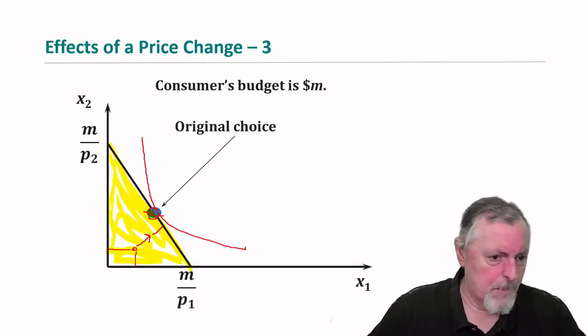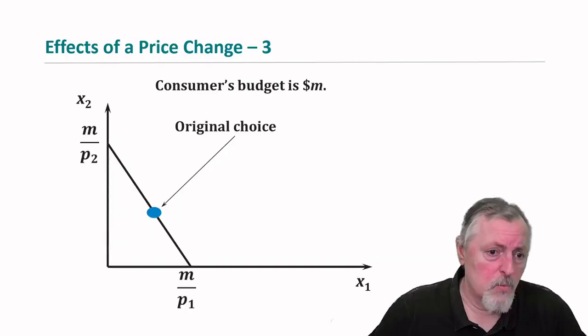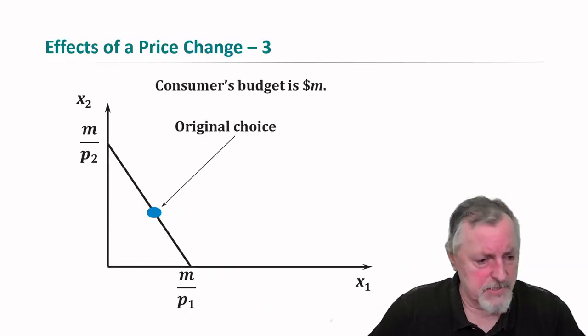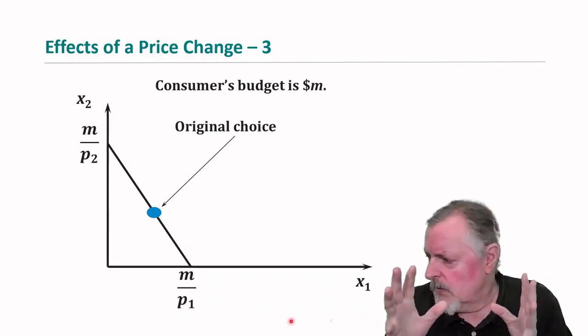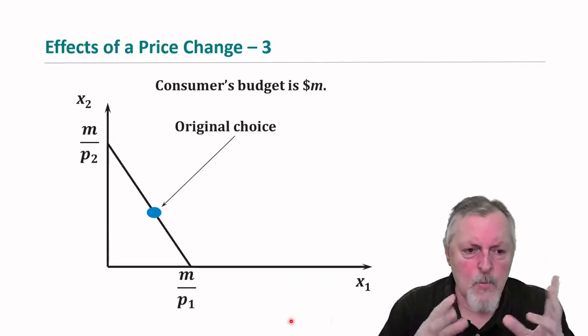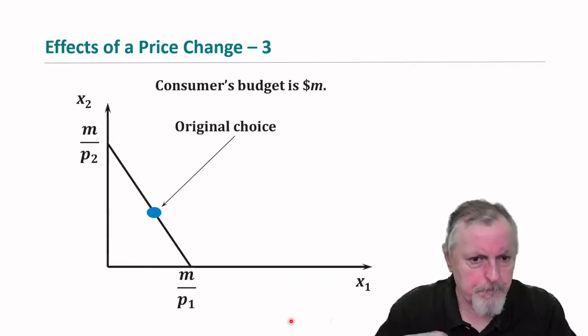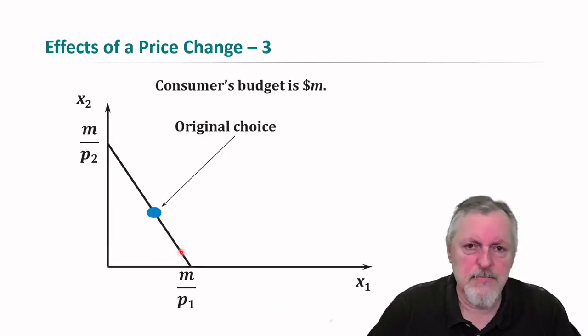Okay. So it's understandable to me why we tend to ignore the budget set and just look at the budget line. But for this lecture, I want us to flip that. Instead of focusing on the budget line, the constraint, think of the budget set.